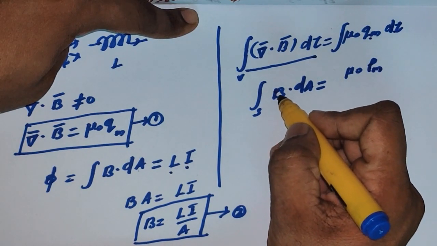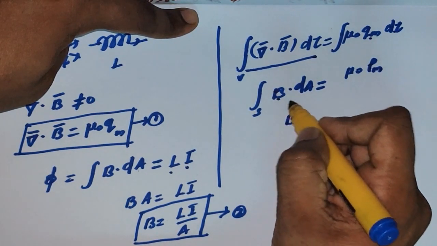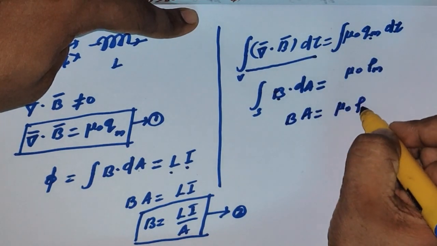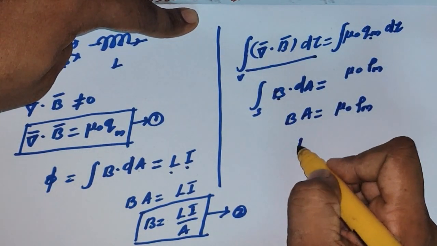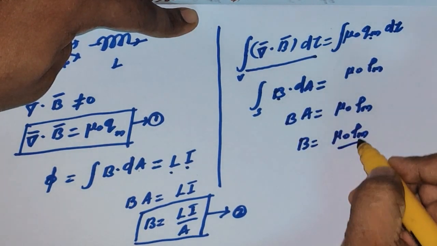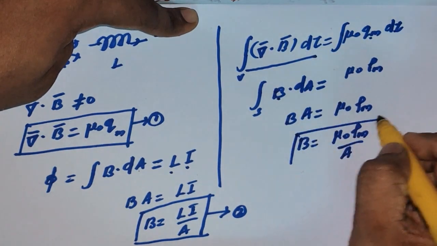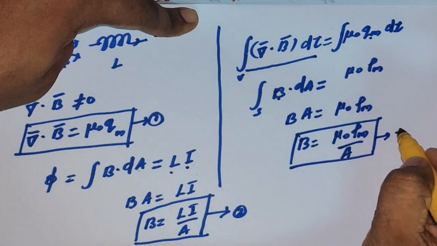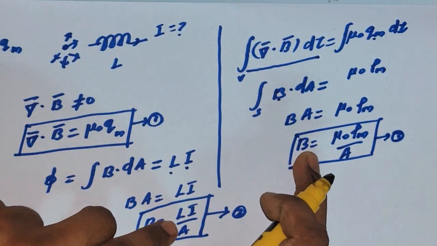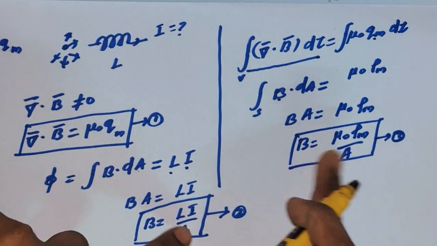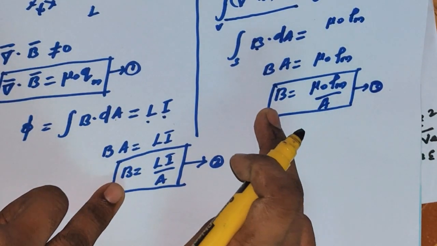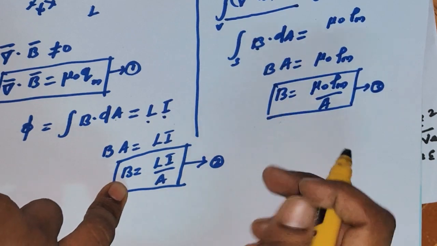If the magnetic field is constant, you can take it out: BA equals mu naught rho m, or B equals mu naught rho m divided by A. This is equation number 3. Look at equations 2 and 3. The B's on the left hand side are equal, so the right hand sides should be equal, because both magnetic fields arise from the same magnetic monopole.